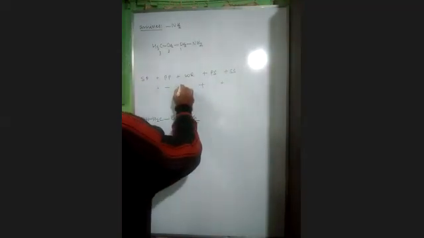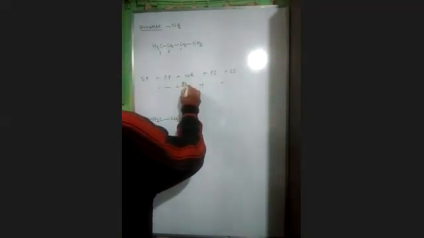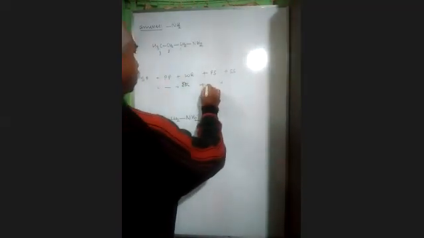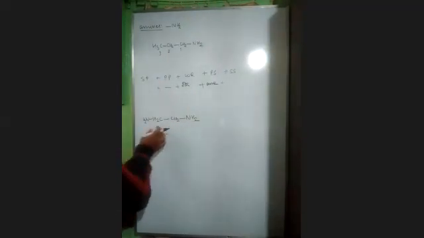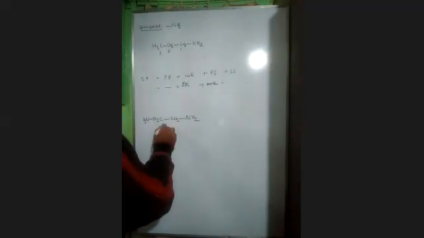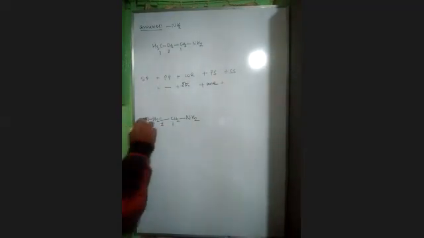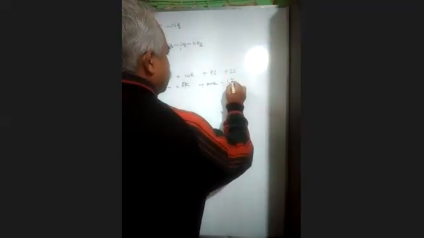The main chain contains 2 carbon, 1, 2. So it is ETH. No double bond, triple bond. I mean, you have the same functional group in 2 places. 2 are there. So where? It is 1 and 2. So write here 1, 2. Name of the functional group is amine. How many are there? 2.